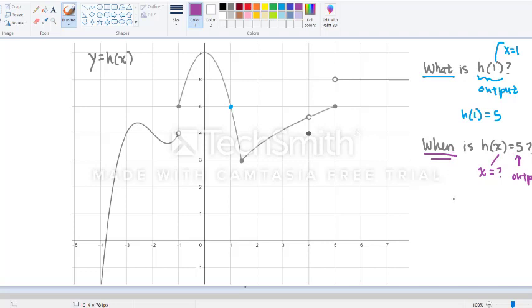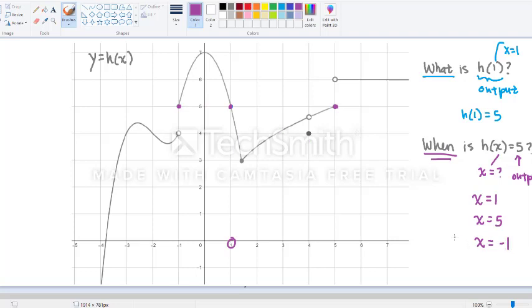When is how we talk about input values. And so I would just be reading this graph backwards and say, okay, they gave me the output of 5, and that only happens when x equals 1. Well, actually, it doesn't. This one's more interesting because this one happens again when x equals 5, and again when x equals -1.